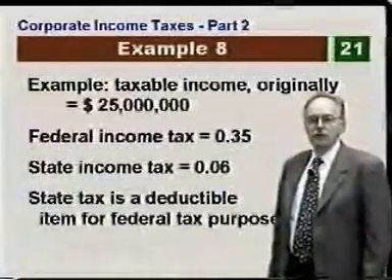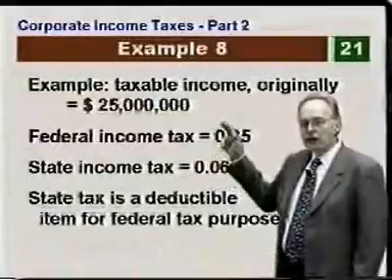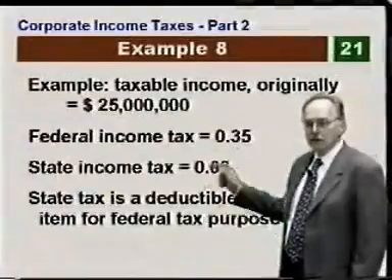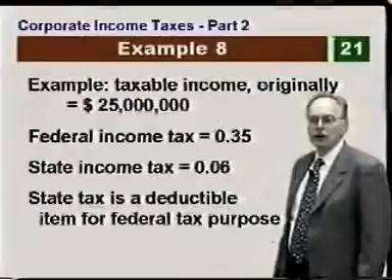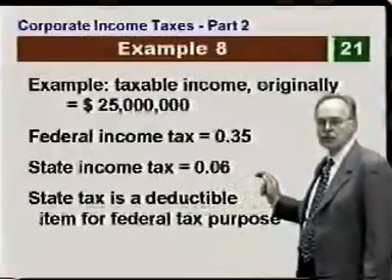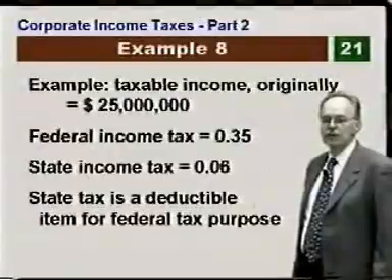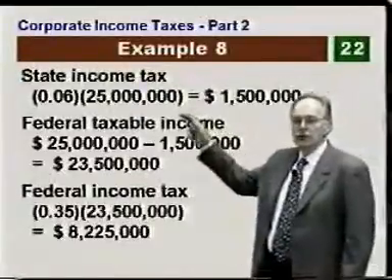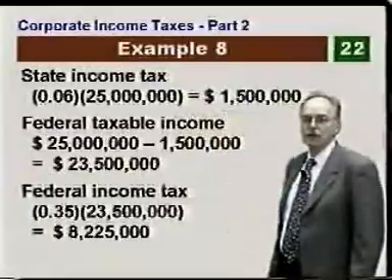Let's look at the combined situation of federal and state taxes. Let's say the taxable income originally for a company is $25 million, and that would put it in the top range, perhaps. Let's say the tax is 35%, and let's say the state income tax is 6%. Normally, the state tax is a deductible item for federal tax purposes. So the state income tax would be 6% of the $25 million, $1,500,000.